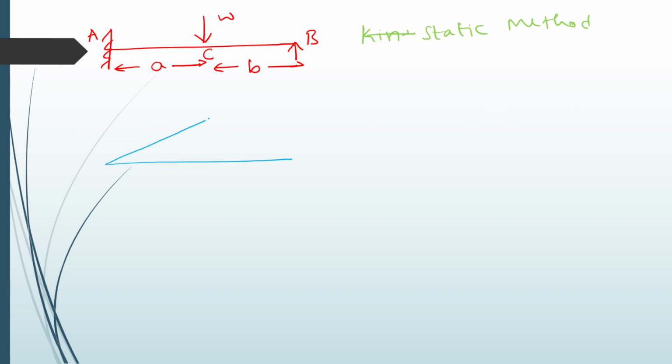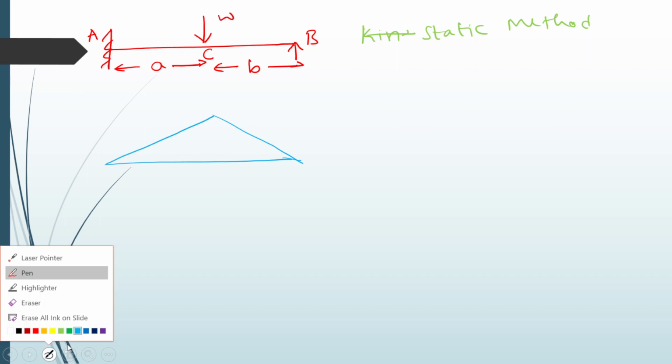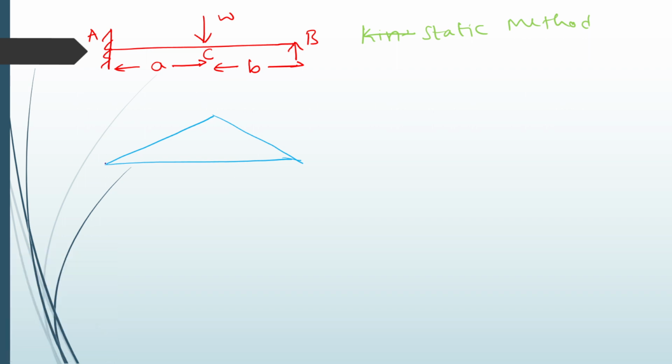Due to the point load, the bending moment is developed like this. Another, due to the fixity, we have a bending moment diagram like this. This value is called MP, and this is also MP.